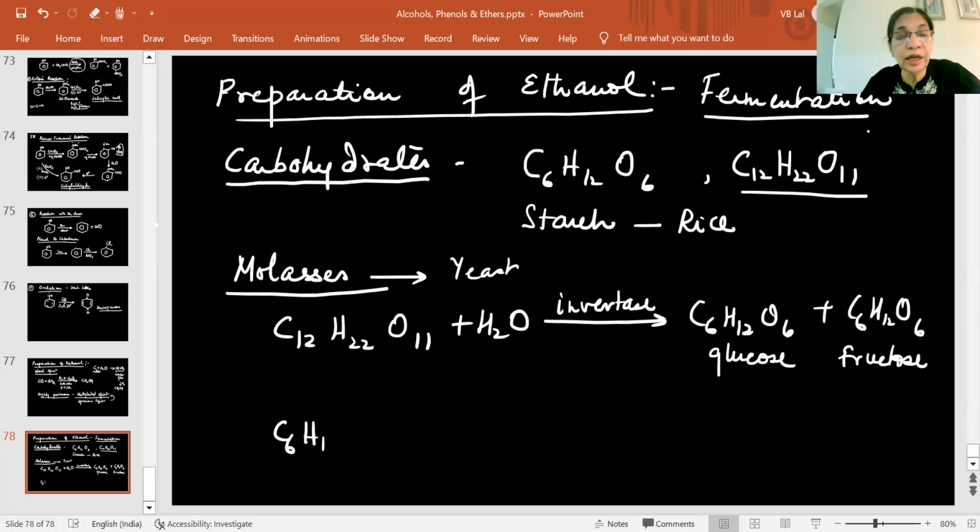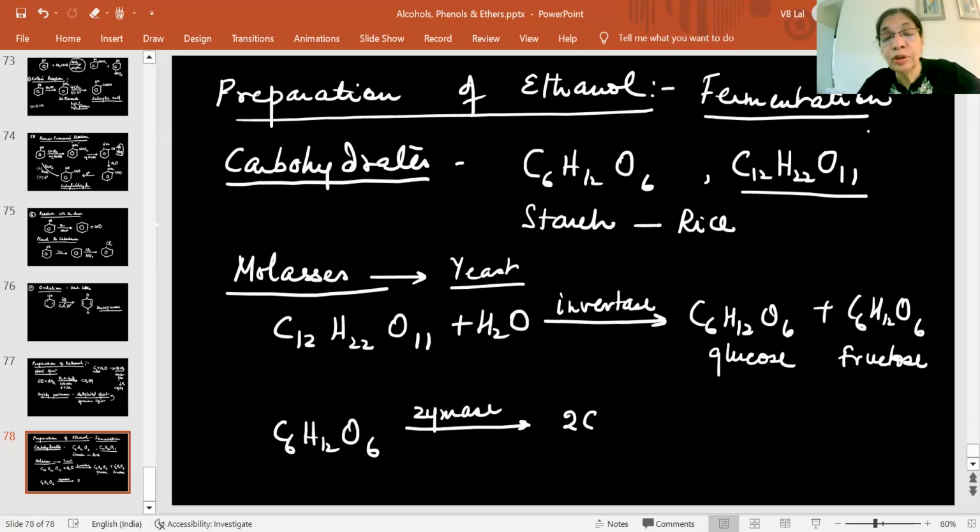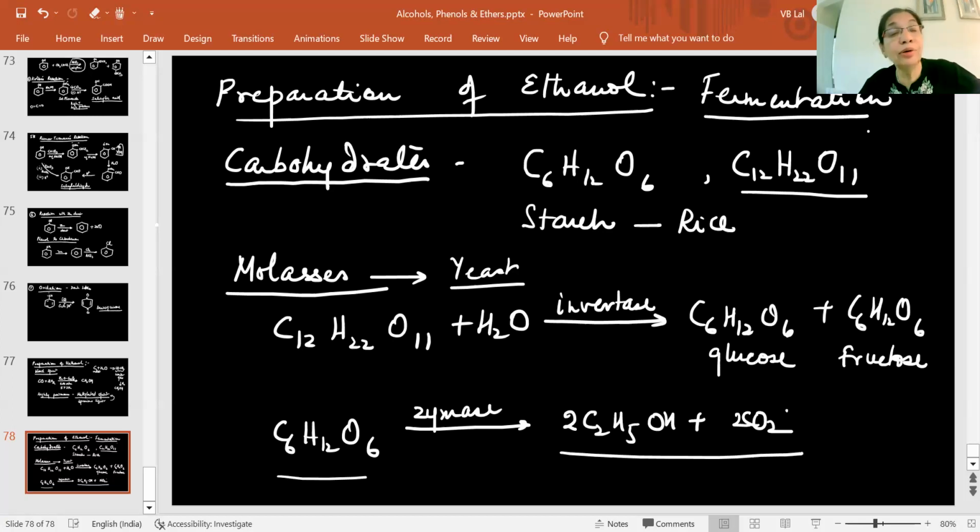Now this C6H12O6, whether glucose or fructose, reacts with another enzyme also present in the yeast, which converts glucose into alcohol. So you get 2C2H5OH plus 2CO2. All right. So you can convert any carbohydrate into alcohol. These two steps are the steps of fermentation of alcohol.